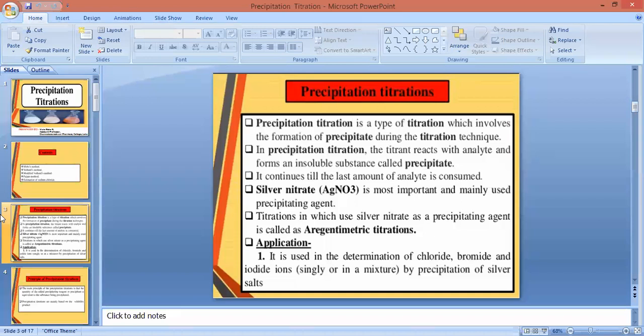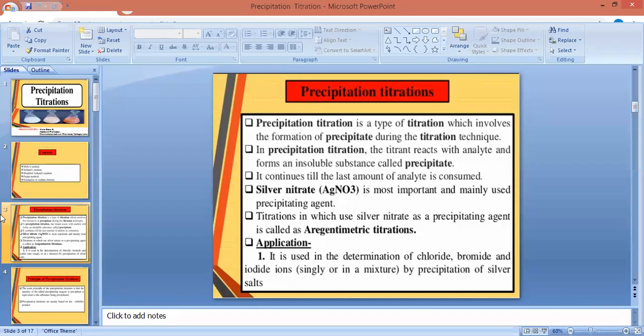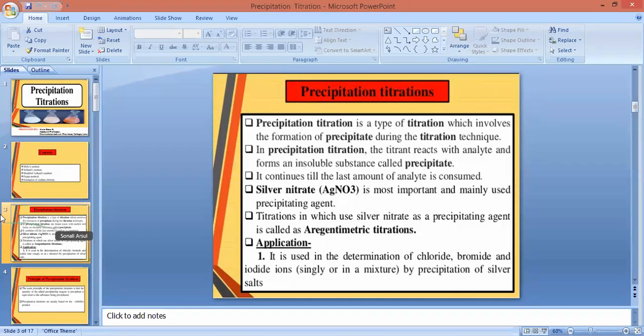Here the analyte will be the halide, in the conical flask. It will contain an aqueous or solution form of analyte. Next, if any extra reagent is required, and lastly we are going to add indicator. Depending upon the nature of indicator, precipitation titration is categorized into three classes, that is Mohr's, Fajans and Volhard's method.